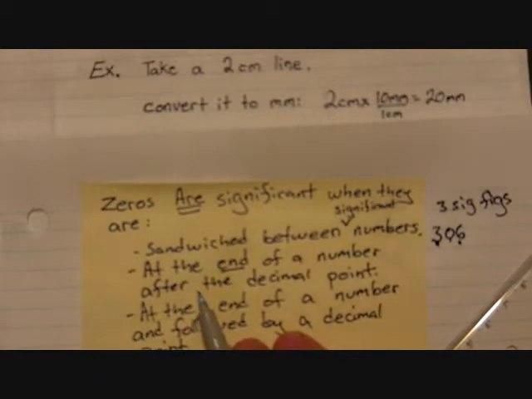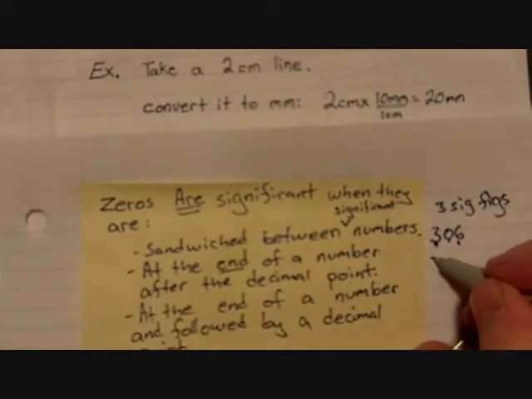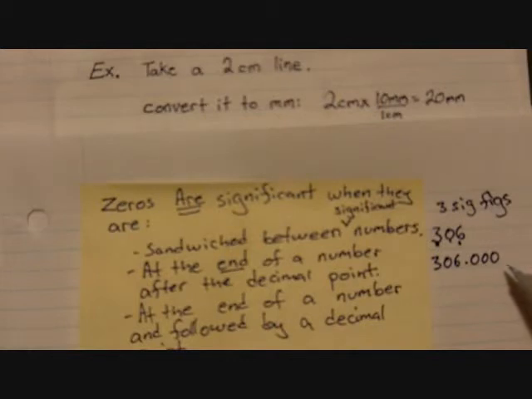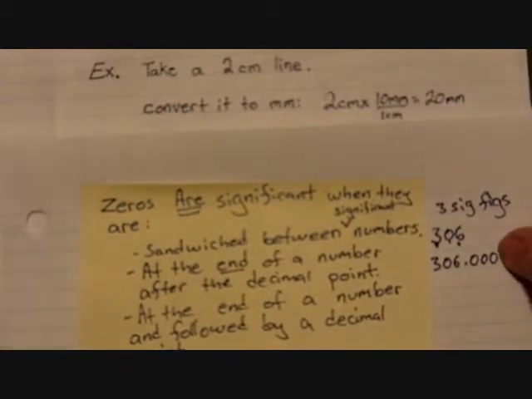They're significant when they're at the end of a number after a decimal point. So let's say we have 306.000. We know that these zeros at the end are significant because if we got rid of them, we'd still have the exact same number. So clearly they're not there to be placeholders.